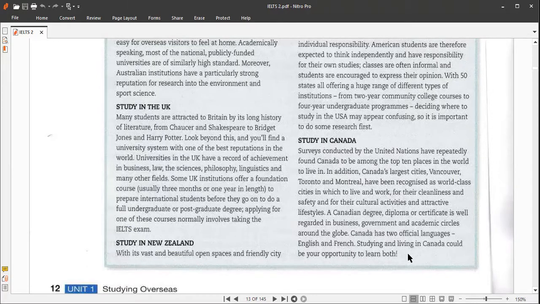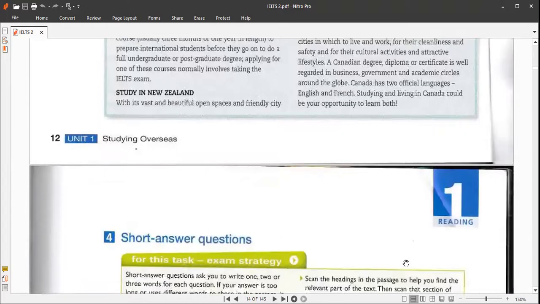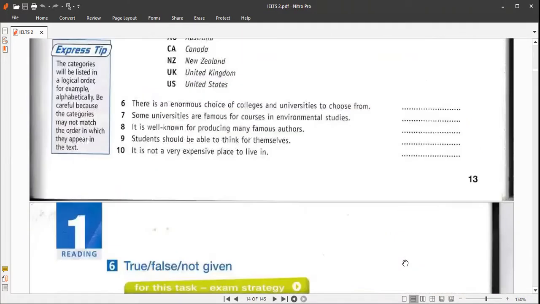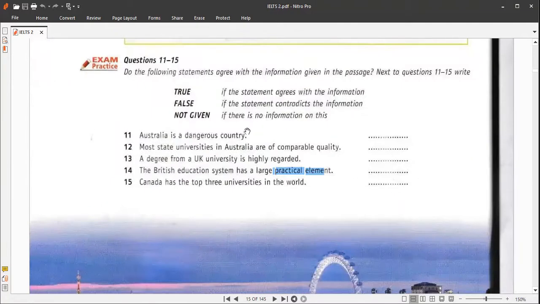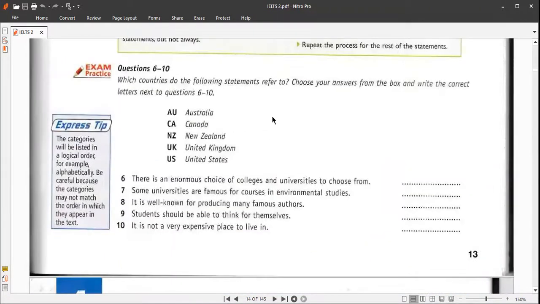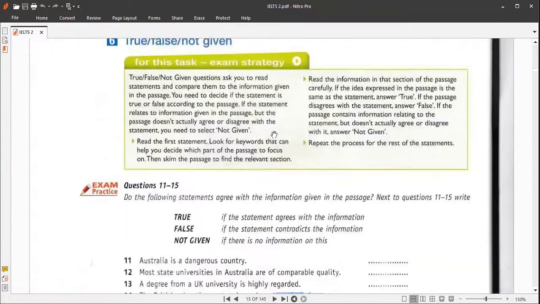Okay, they say nothing about the universities, whether they're top 3 or not, so it's not given. That's the answer for number 15. Alright, so that's how you answer these questions.